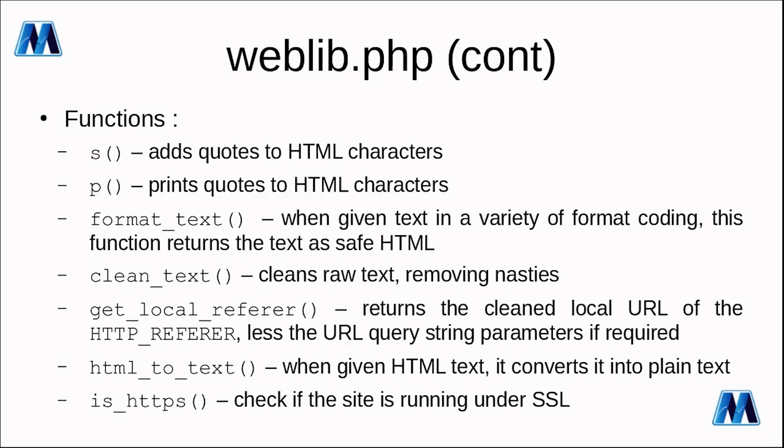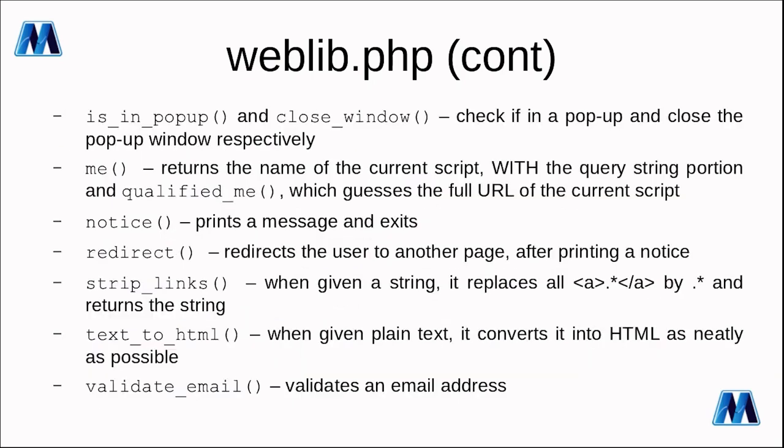Okay. HTML to text, so take some HTML and convert it to text, so kind of like strip tags. And to check if the site is running under SSL, you've got the function is_https. Some more other ones are in pop-up and close window. Me, to return the name of the current script, and qualified me, which tries to give you the full URL for the current script.